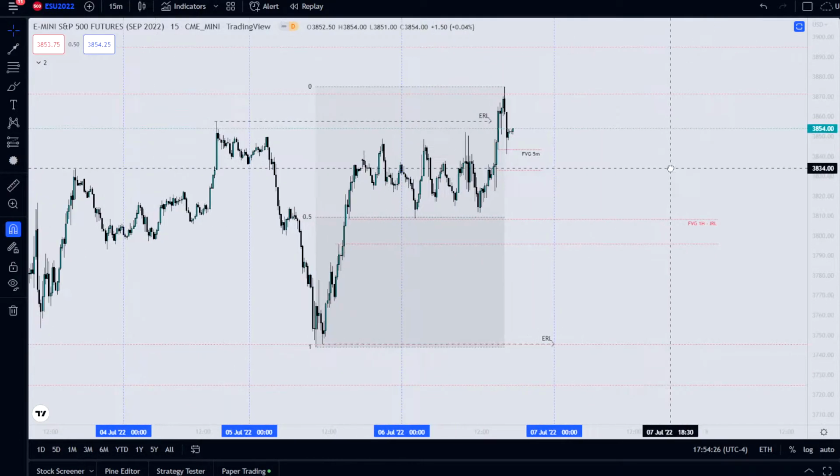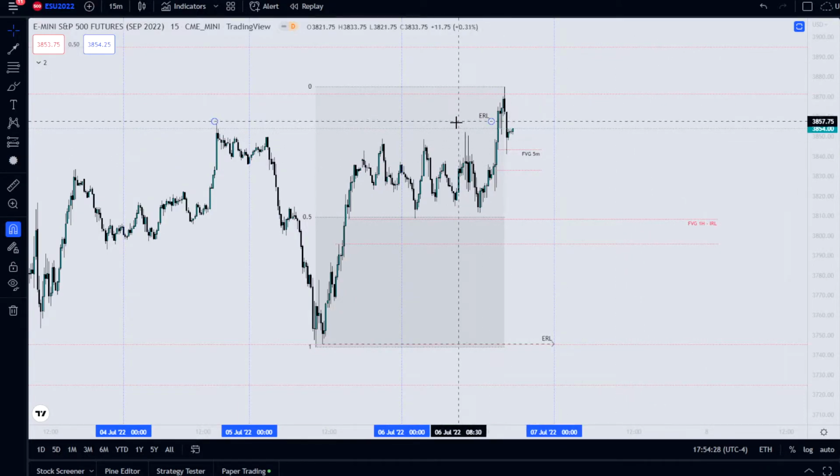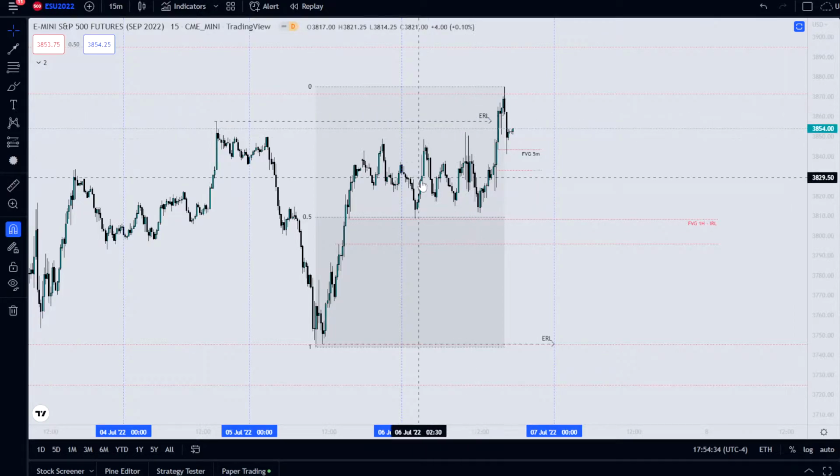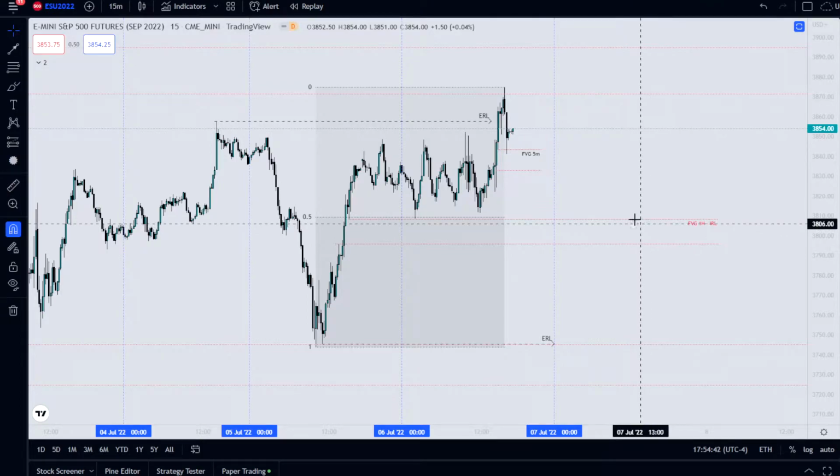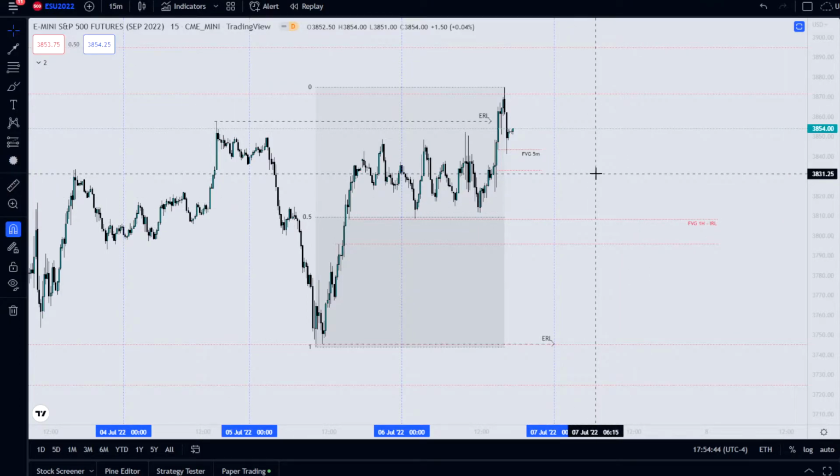Why? Because we've run buy side liquidity here, which means that we've attacked external range liquidity above the swing high, which gives us a target for internal range liquidity.